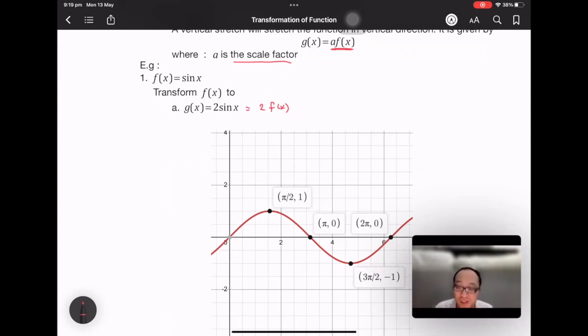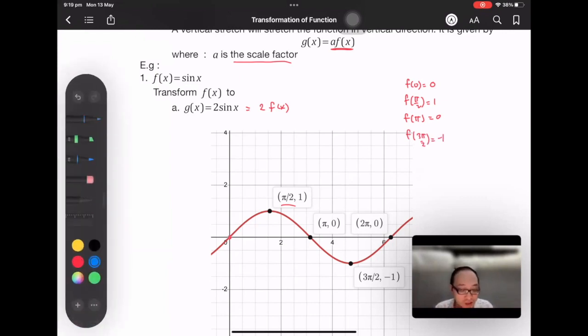So that means if I have f(0) equals to 0, here, f(pi over 2) will be equals to 1. Yeah, you can see the coordinates. f(pi) will be equals to 0. f(3 pi over 2) will be equals to negative 1.